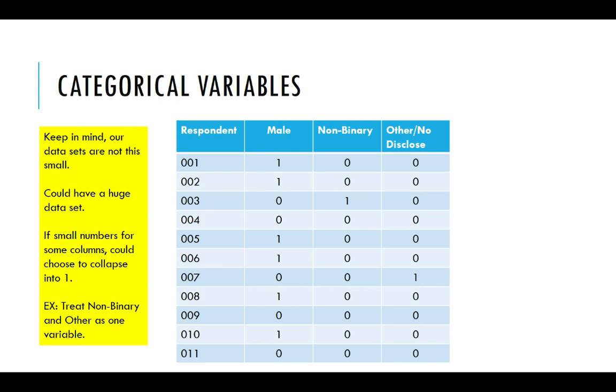Could I decide to collapse those 2 into one variable? I could. So if I wanted, I could take non-binary and the others do not disclose, collapse it into one variable, making this 3 categories, with female then as my omitted category. All right, so that is an option. You wouldn't know that going in necessarily until you see what your responses look like.